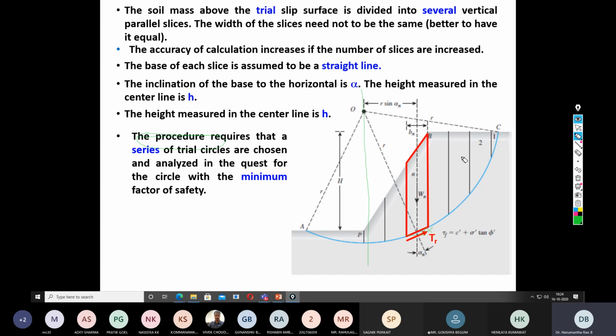That means the majority of the slices become driving forces and a few slices become resisting forces. This is how they contribute, and this is the beauty of the method of slices. The form of the equations, or the constitutive laws, remains the same for the mass procedure and the method of slices. There is no difference.